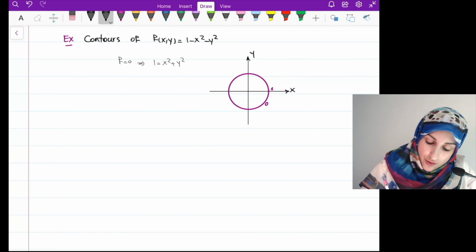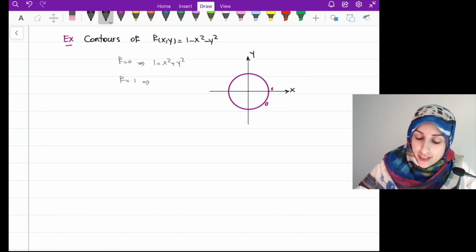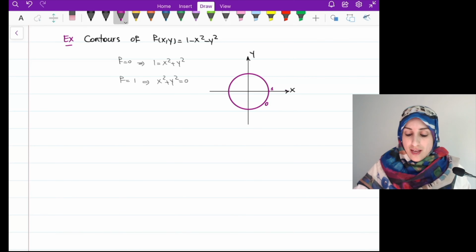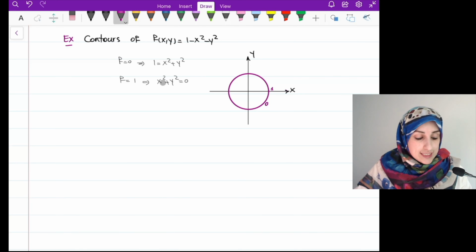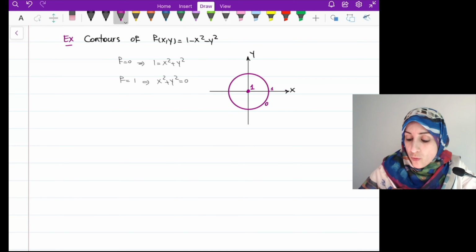And then if f is equal to 1, I get what? I get 1 equals 1 minus x squared minus y squared. So x squared plus y squared would be equal to 0. And all the points with coordinates that satisfy this would be just the origin, just 1 point. This is at level curve 1.